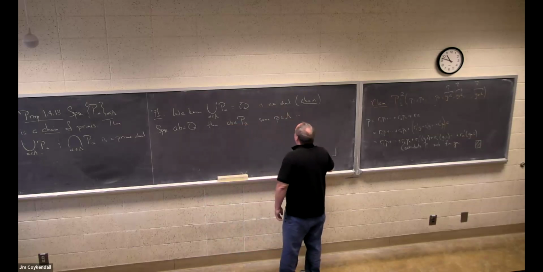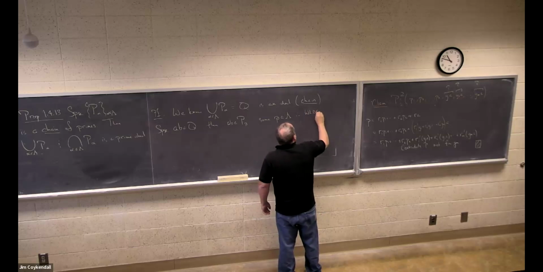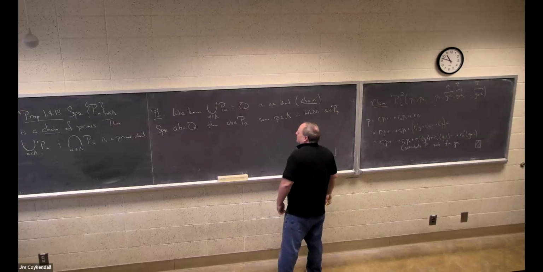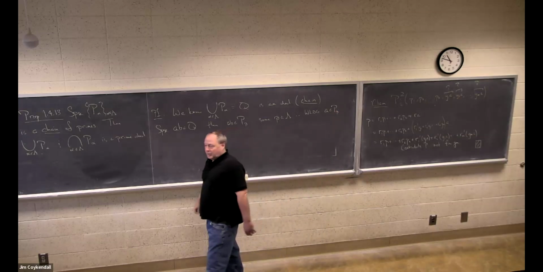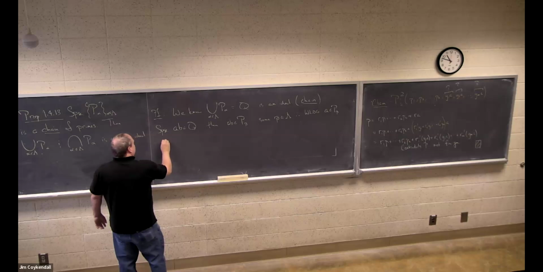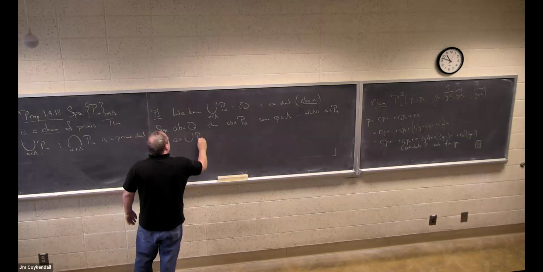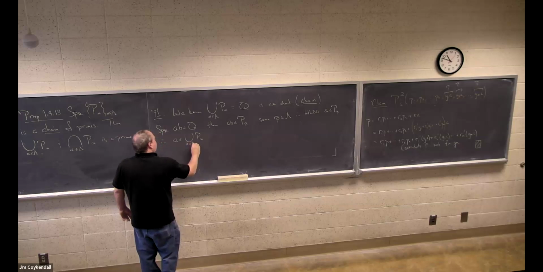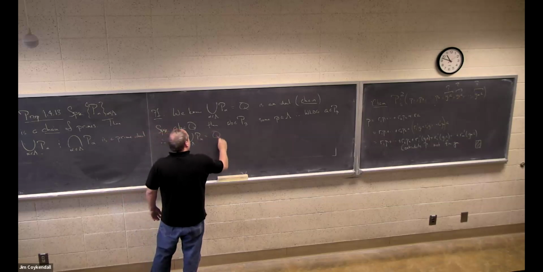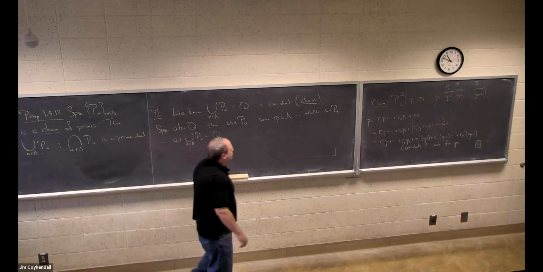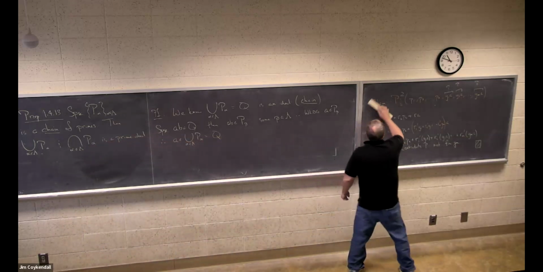Therefore, without loss of generality, A is in P beta, because P beta is prime. Therefore A is in the union of the P alpha, which is Q. So that's easy.